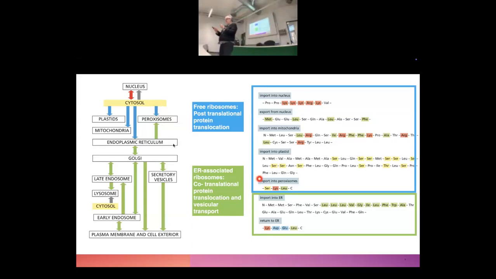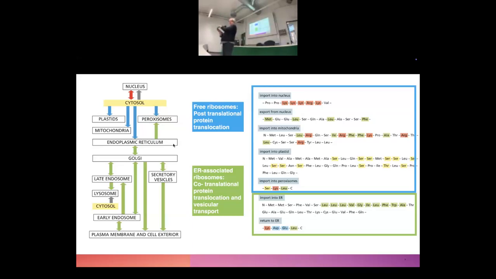Here they are. What's the difference between the red and the gray? Those ones can be transported in only one direction and remain stable in the nucleus, or can be transported from the nucleus back to the cytoplasm. Usually the others are transported only in one direction from the cytosol to their final destination.